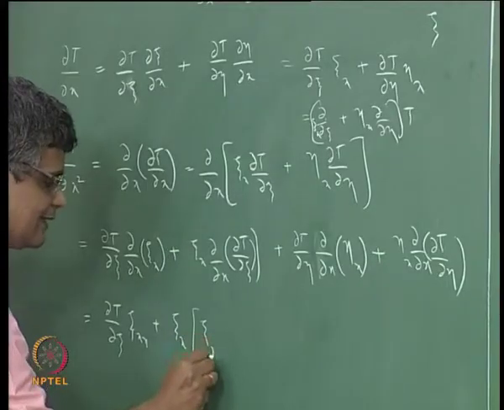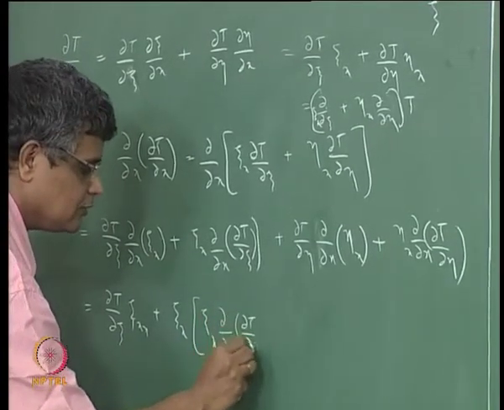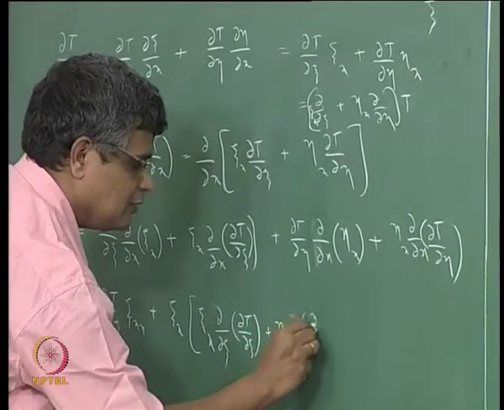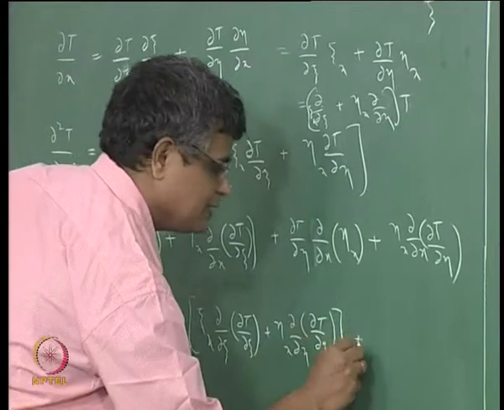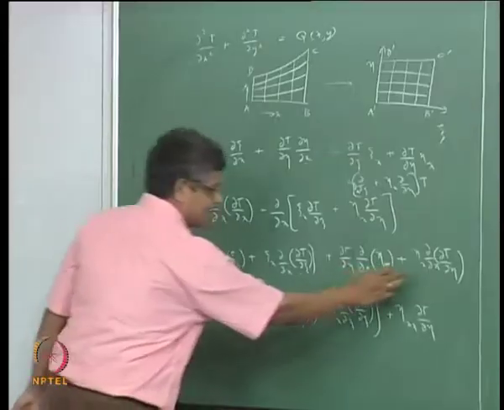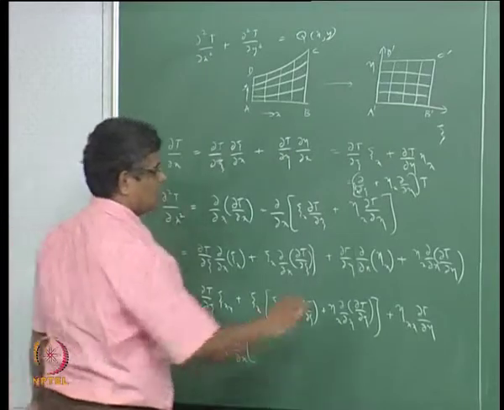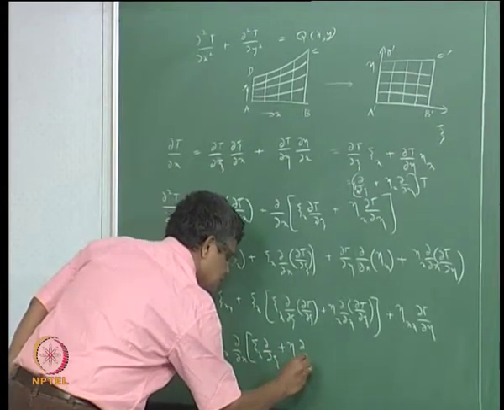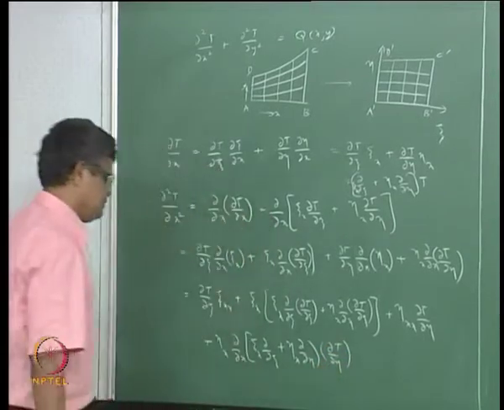So we can write this as psi x dou by dou psi of dou T by dou psi plus eta x dou by dou eta of dou T by dou psi, and here we have plus eta xx dou T by dou eta, plus here again we have eta x times dou by dou x, that is the operator psi x dou by dou psi plus eta x dou by dou eta, acting on dou T by dou eta.